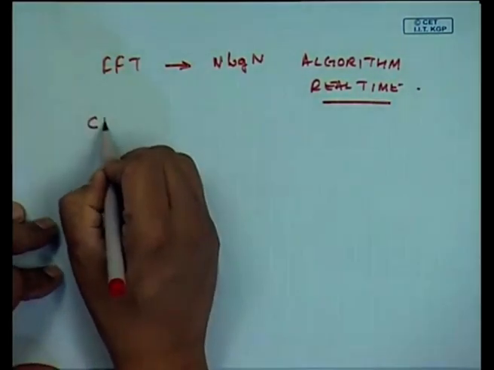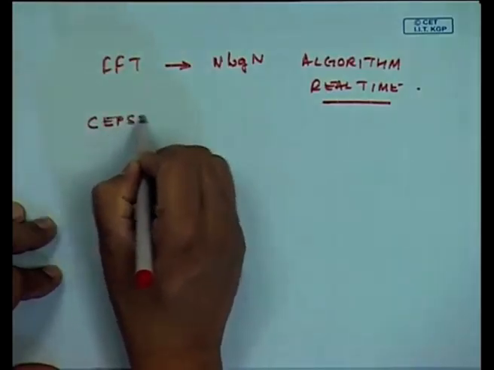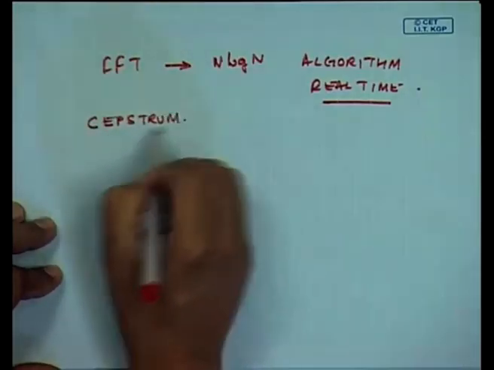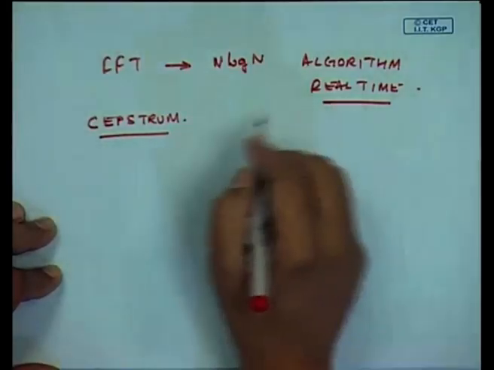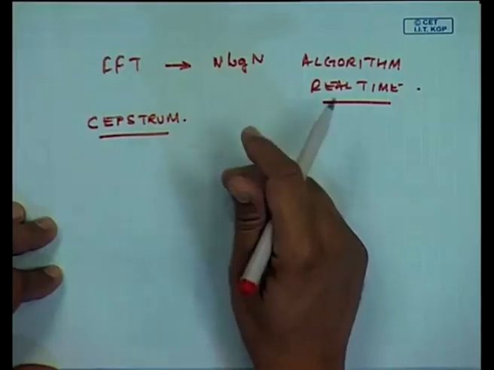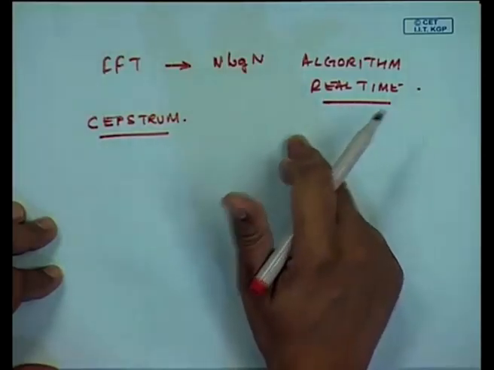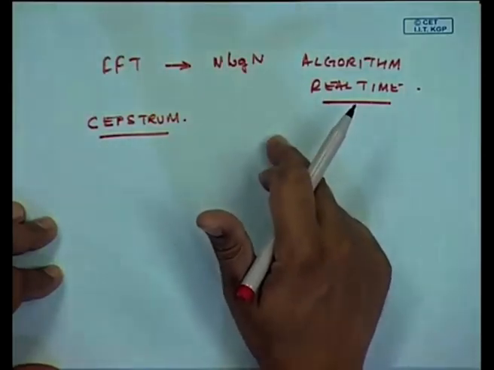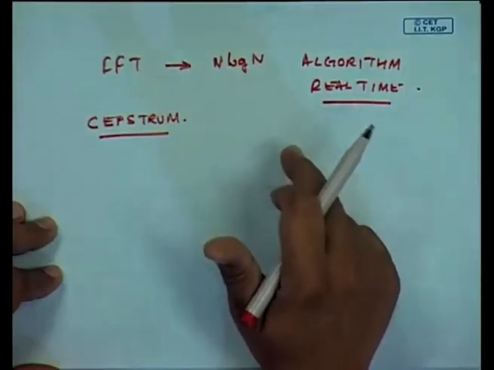Unlike FFT, Cepstrum cannot be done in real time, because a block of data has to be taken, they have to be processed to find out their log amplitudes, they have to be processed to find the unwrapped phase as a continuous signal.